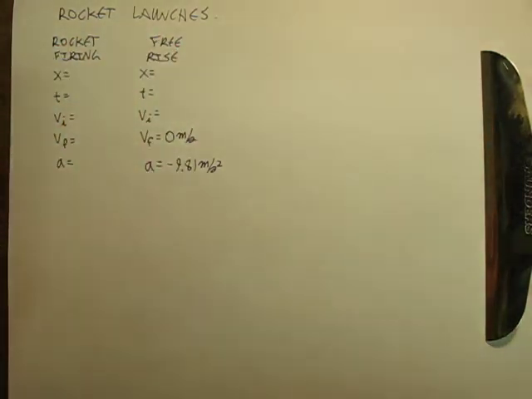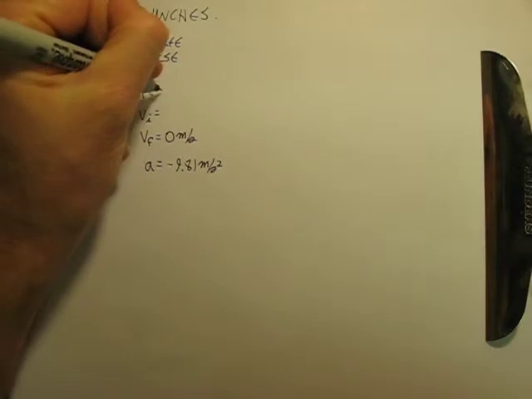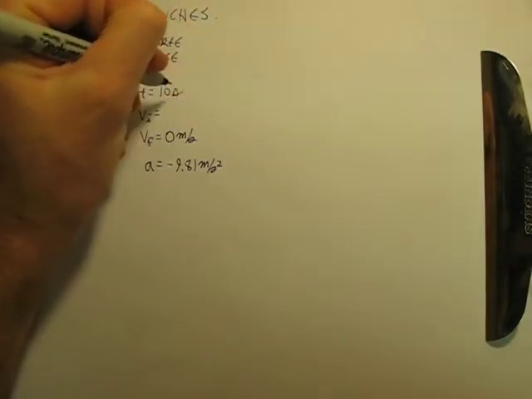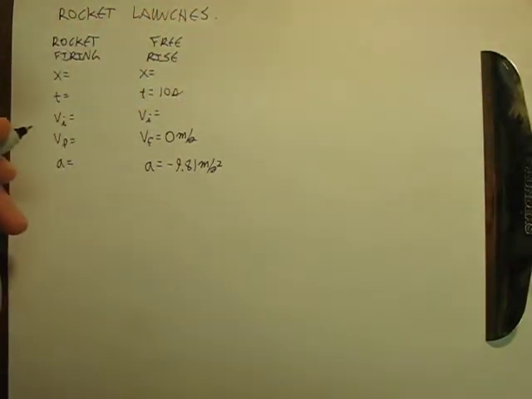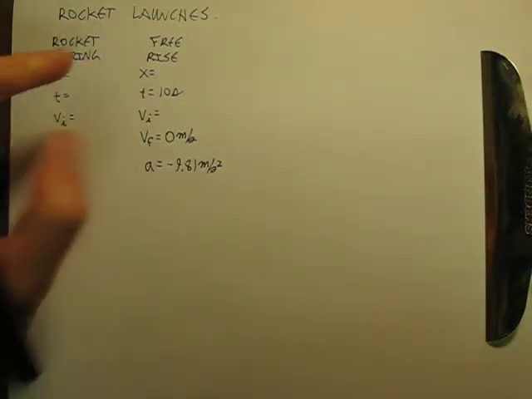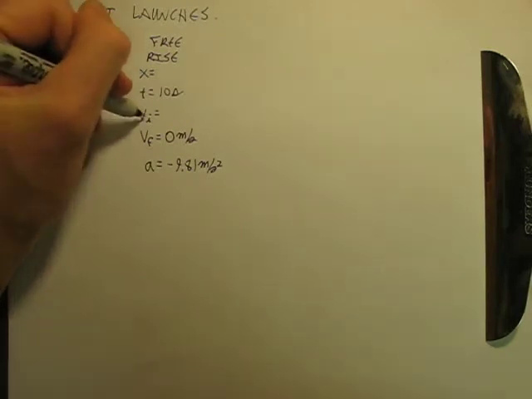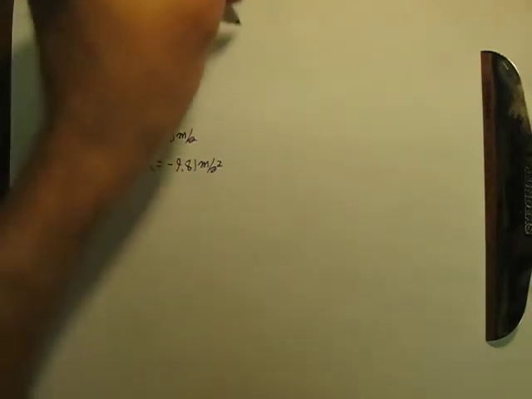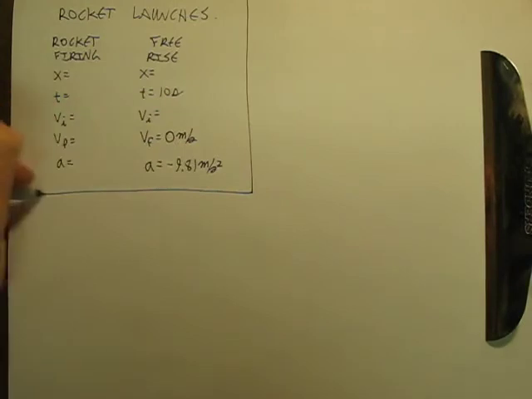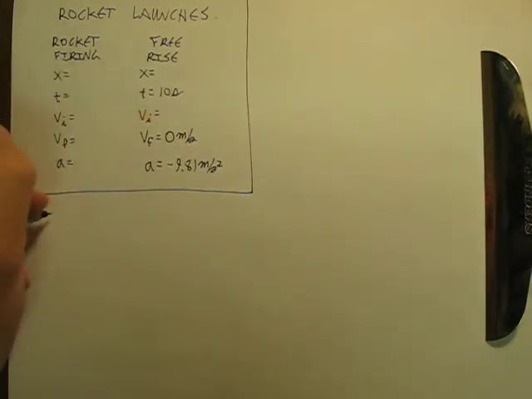And now watching those videos, it seemed to me that there was about 10 seconds between when the rocket motor stopped firing and when the rocket got to the top of its flight. So that allows us to solve for those two very quickly, and that's what we're going to do. We're going to jump right in with this one.